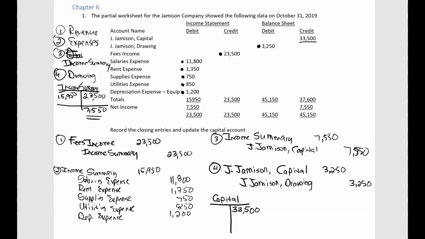And we credited the account $7,550. Then we debited the account $3,250. The new capital balance is $37,800. So that is the updated capital account.